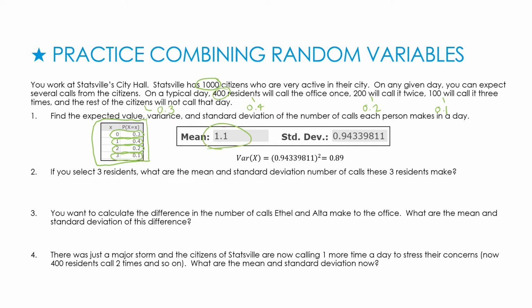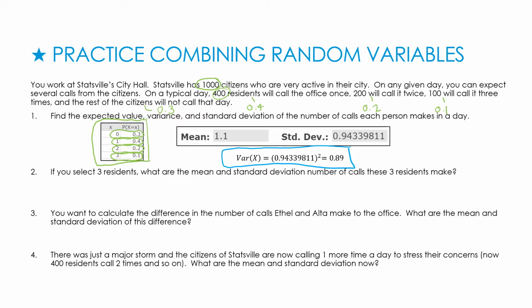The standard deviation is harder to do by hand. You're welcome to do it, but again, I suggest using StatCrunch. So notice I found the mean and standard deviation in StatCrunch. Then I also found the variance, so it's not essential for you to calculate the variance because you can just calculate it as you go in the upcoming questions.